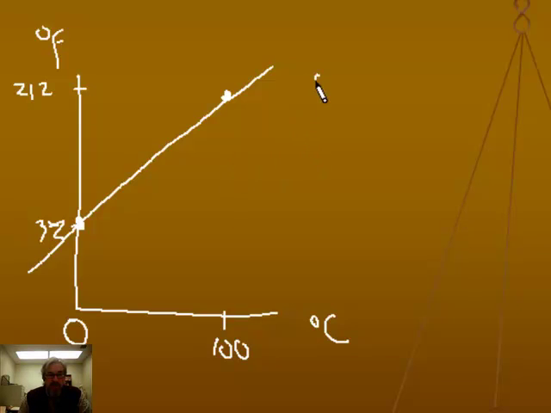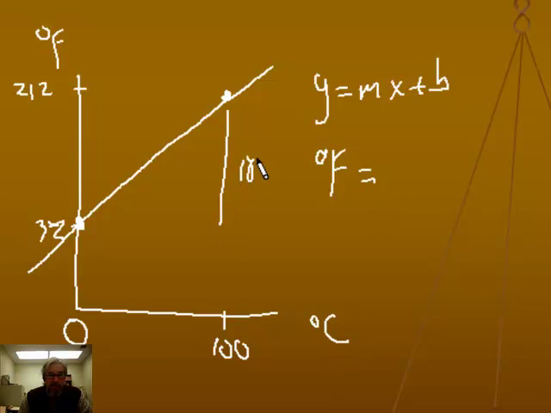Straight lines have the form y equals mx plus b. Well, y is my Fahrenheit temperature. M is my slope. This is 180 degrees Fahrenheit. This is 100 degrees Celsius. So my slope is rise over run, 180 over 100.